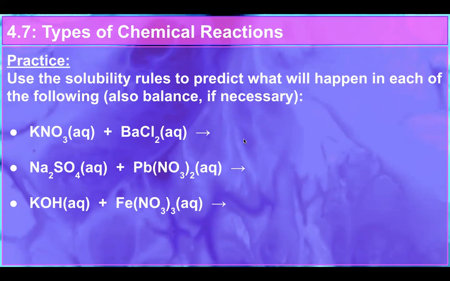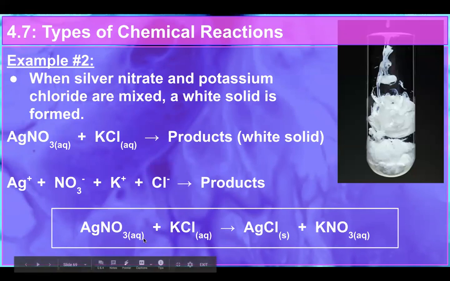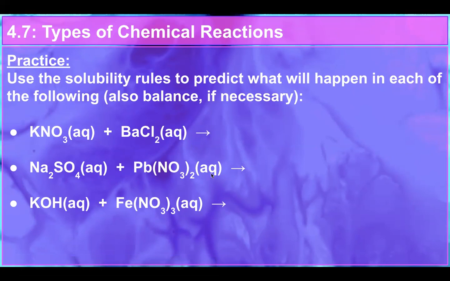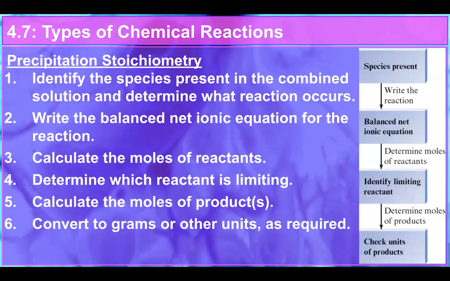If there is a reaction, then write out the entire molecular formula like you saw here, right? So aqueous silver nitrate, aqueous potassium chloride yields a solid, the silver chloride, and potassium nitrate. Okay, that's exactly what I want you to do here. And I will provide you with the answers later.